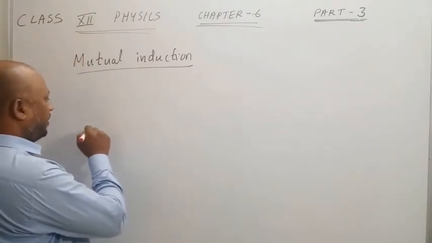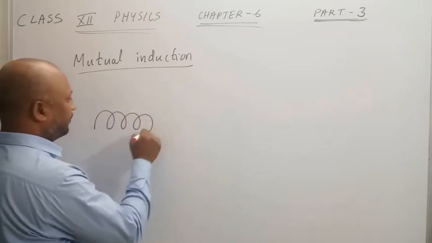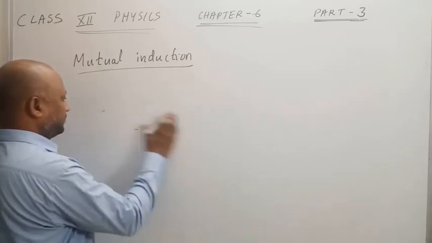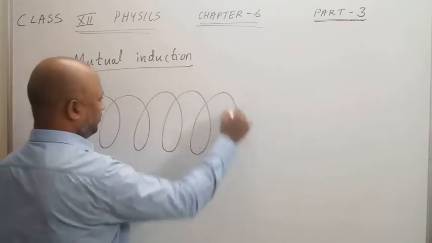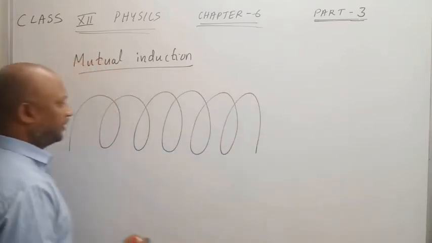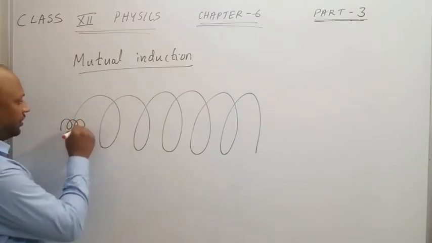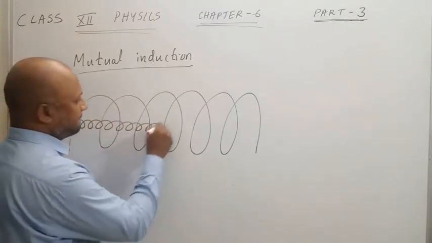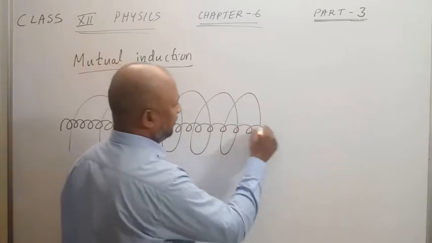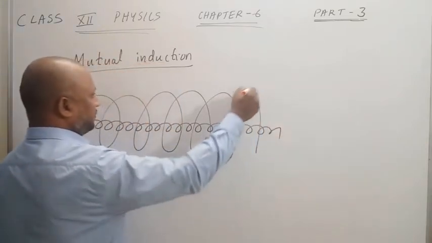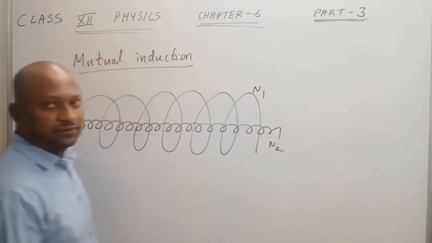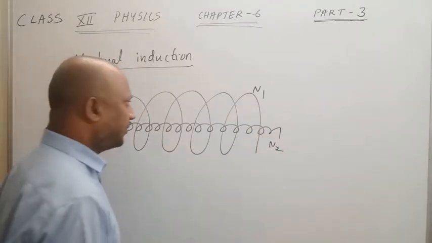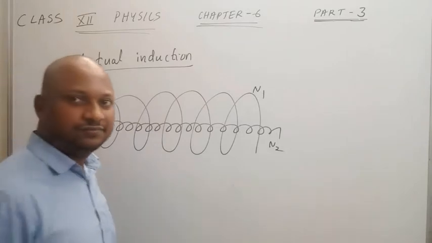We have a coil. Suppose we have a very big coil with a bigger radius, and a very small coil with a smaller radius. The number of turns in the first coil will be N1 and the number of turns in the second coil will be N2. The number of turns per unit length can be small letter n.